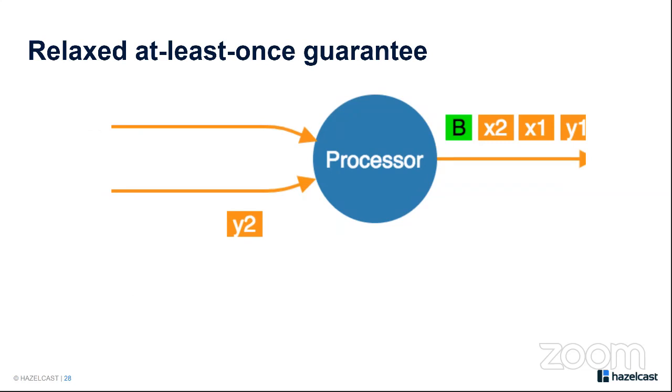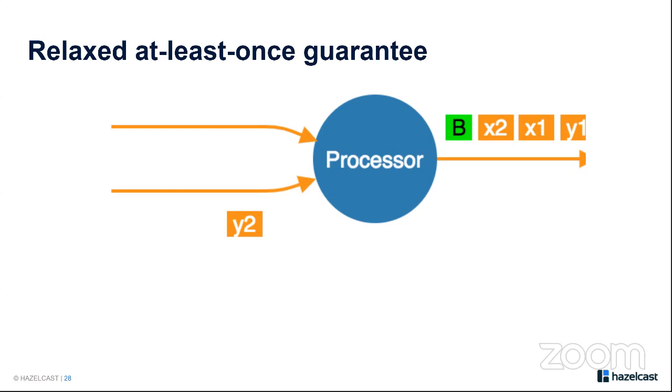But the problem with this approach is that the recorded state of the processor, when it records its state, already represents handling of X1 and X2, which originally were before the barrier.